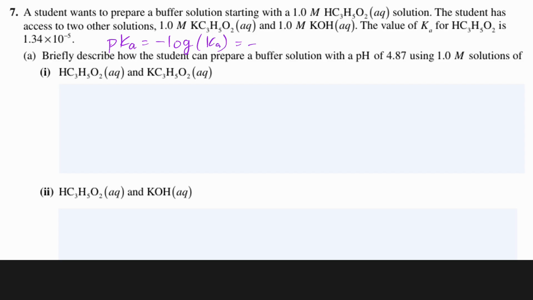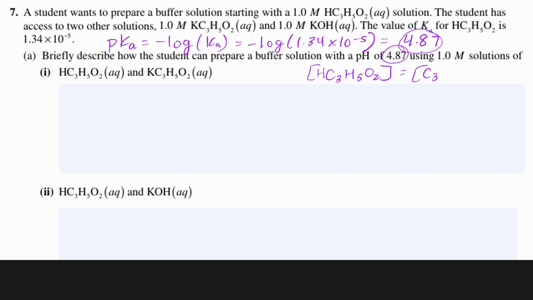So negative log of 1.34 times 10 to the negative 5th. When you put that in your calculator, you get a pKa of 4.87. And because our pKa and our pH are equal to each other, that means our concentration of weak acid is equal to our concentration of conjugate base.